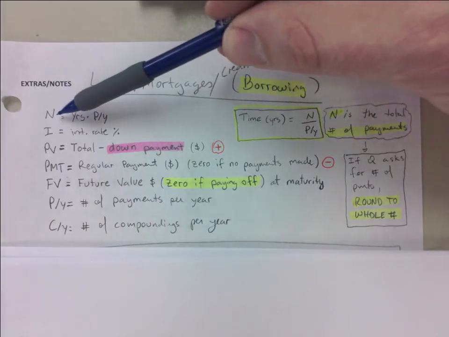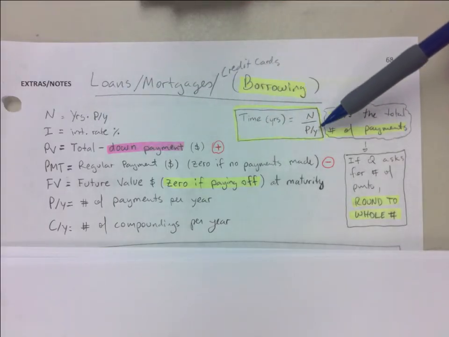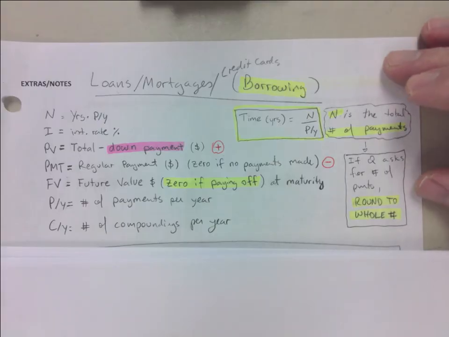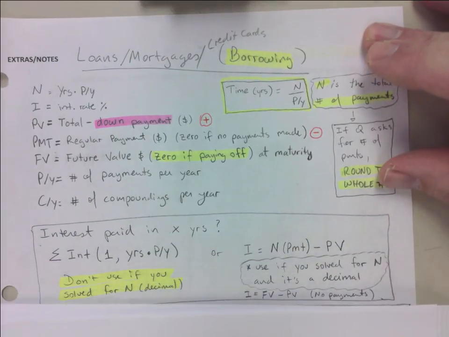You got to solve for N, right? And then divide by whatever you put into PY here. That's going to give you your time in years. Does that make sense? Okay. More to come. I won't give you too much because then you're going to be like, what are you talking about? Stop talking. It's too much.